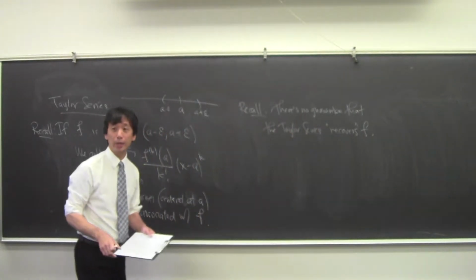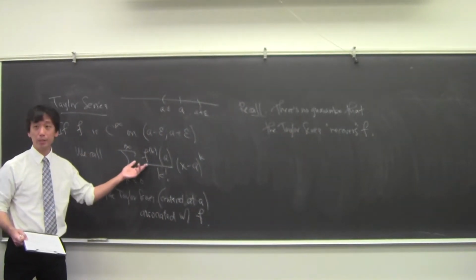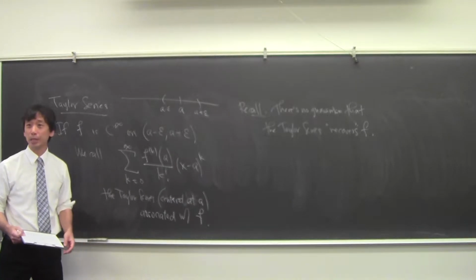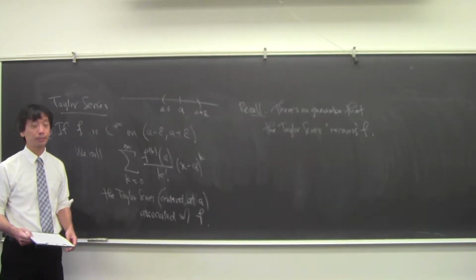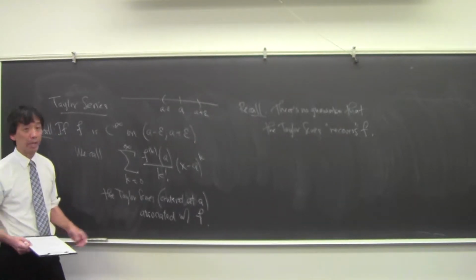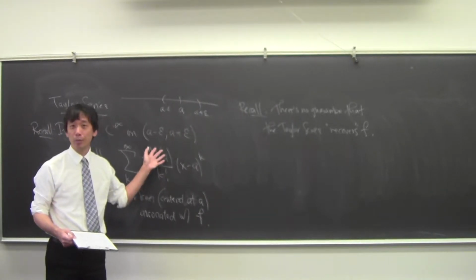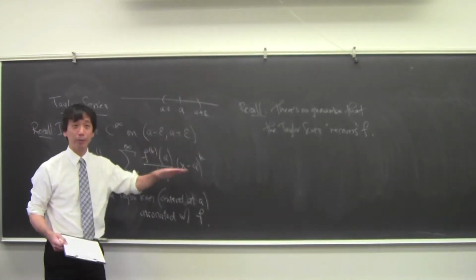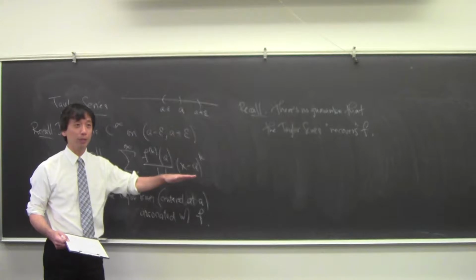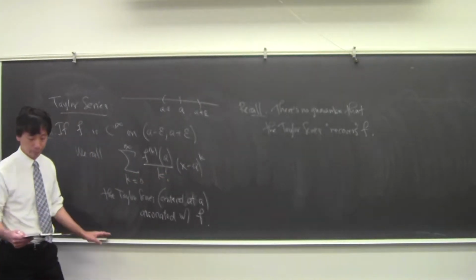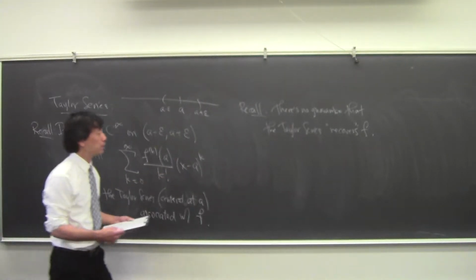There's no guarantee that this Taylor series actually equals your function. We gave an example of a function where the Taylor series was 0 everywhere, even though the function wasn't the 0 function. So that's what our question is.